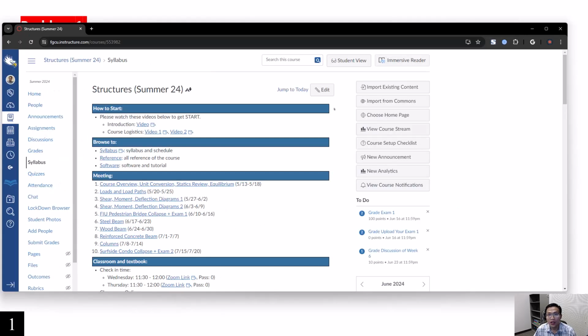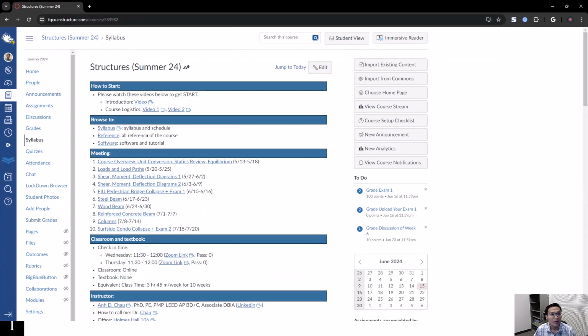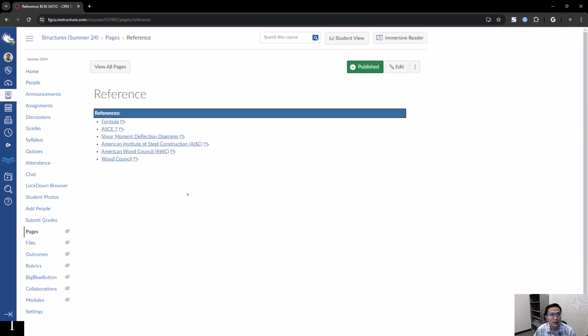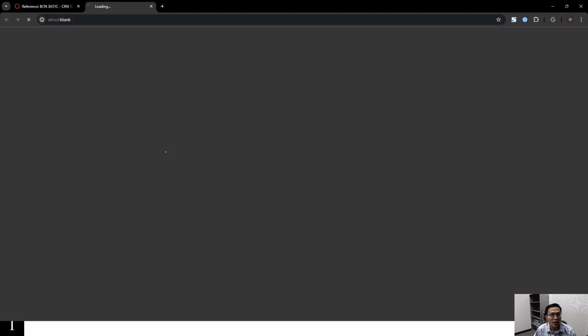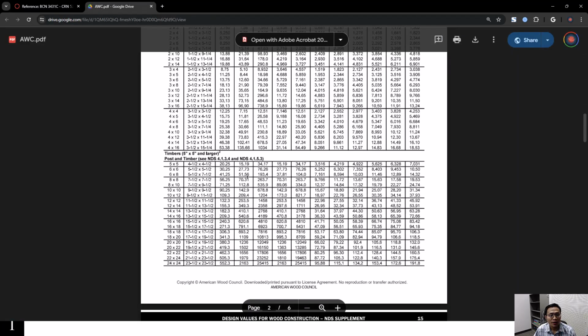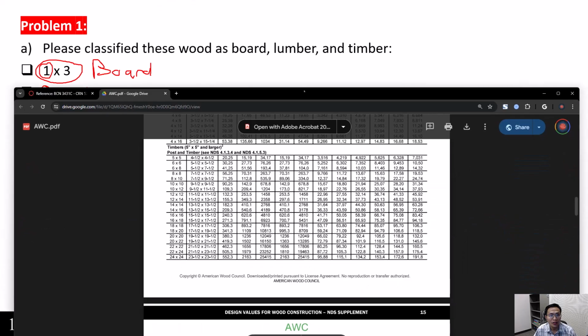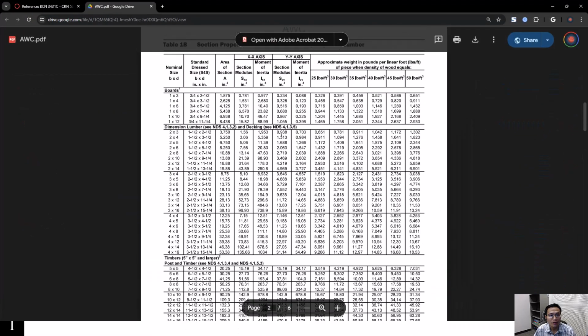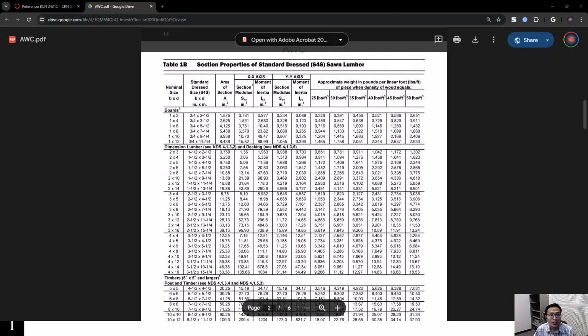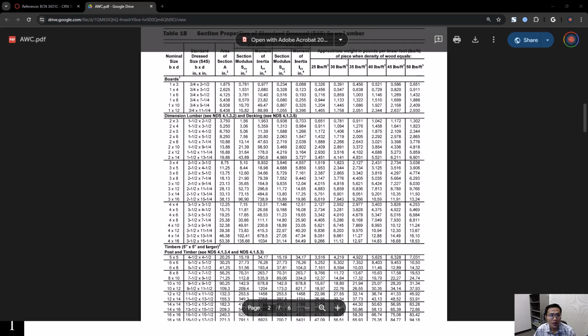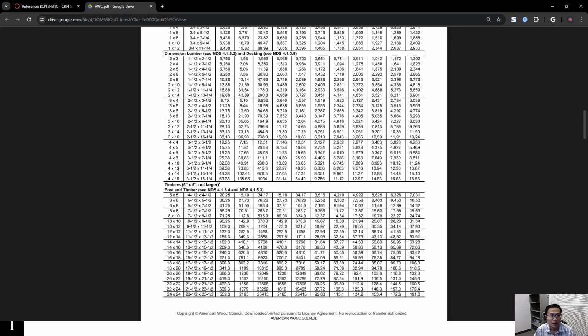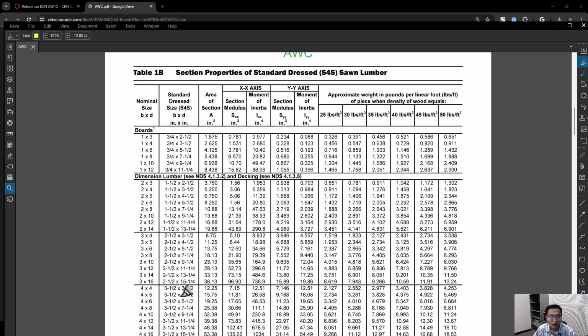So let's open Canvas, and then you can go to reference, American Wood Council here. The one I need to look for is 4 by 12. We have 4 by 12 right here.